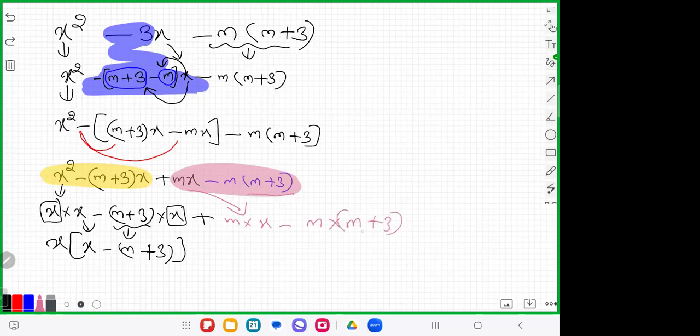Now the m is common. You can take that m. What is remaining? X is remaining here, and here m plus 3. So m into x minus m plus 3.